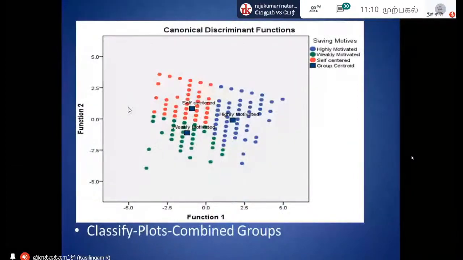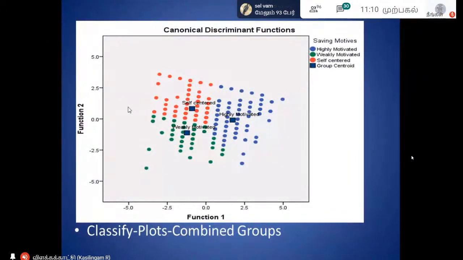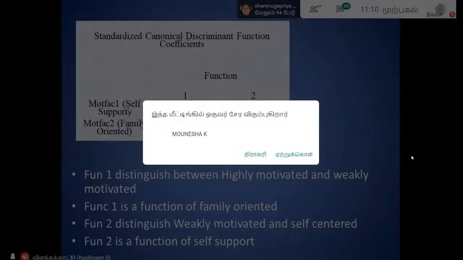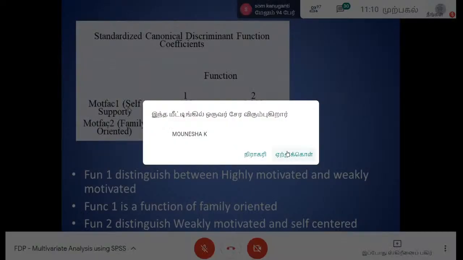So who is self-centered? Those who have a higher level of self-support. So function 2 is a function of self-support, and function 2 discriminates weakly motivated and self-centered.